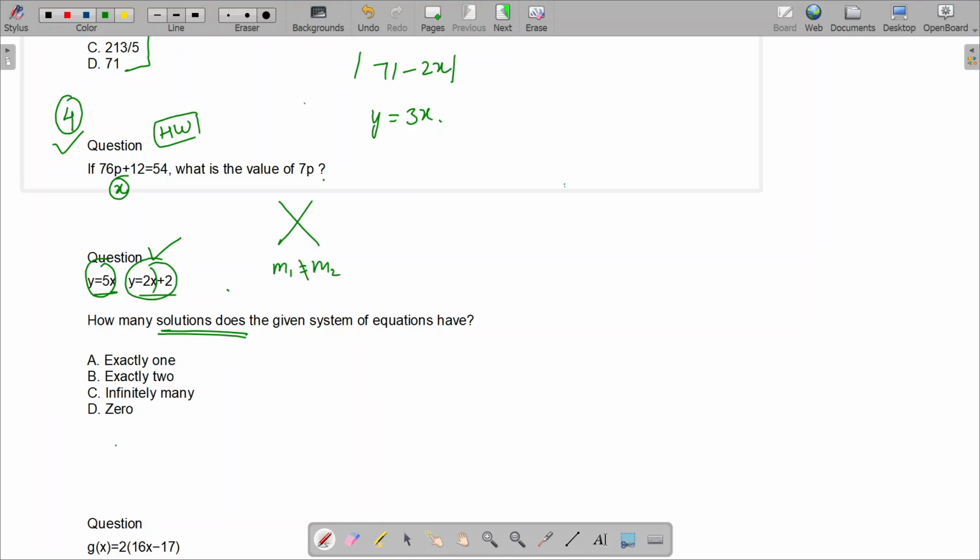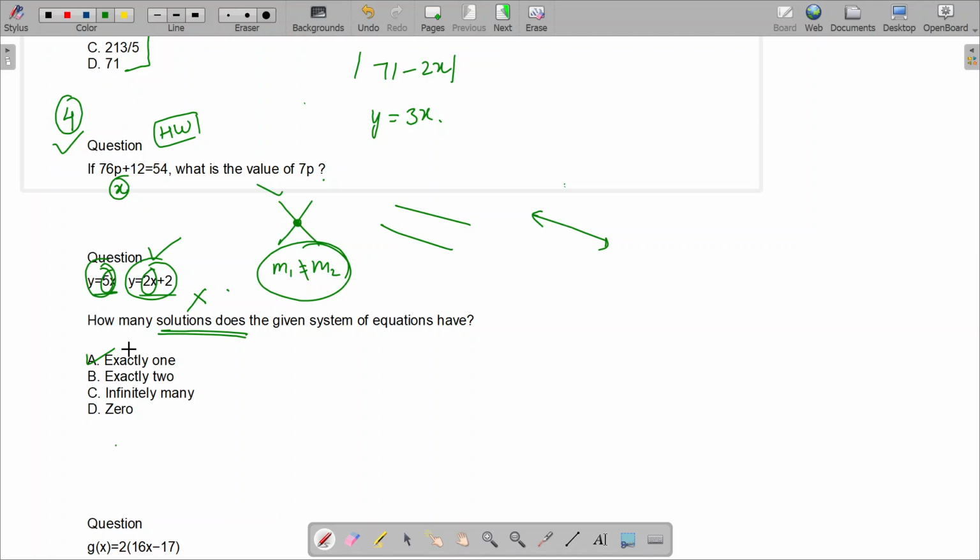You check the slopes. Slopes are equal? No. But when we have no solutions or infinite solutions, slopes are equal. Right? So this is the only condition where slopes are not equal, when we have one solution. So exactly 1 will be your answer.